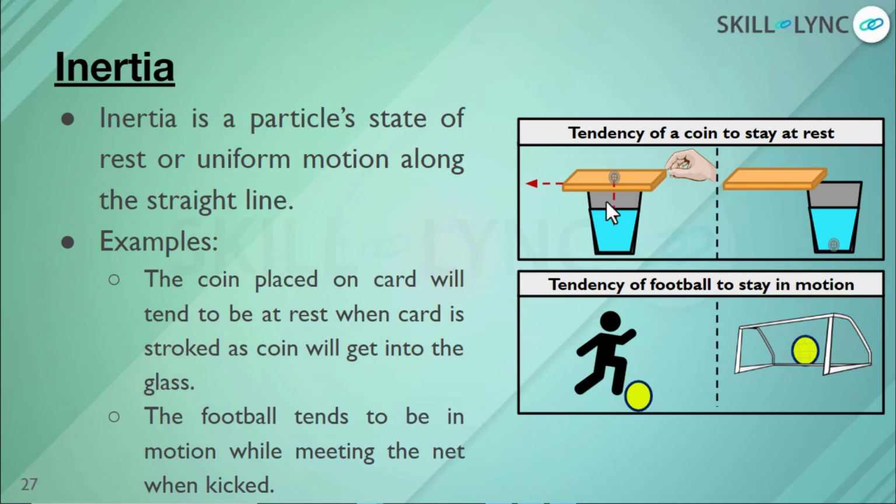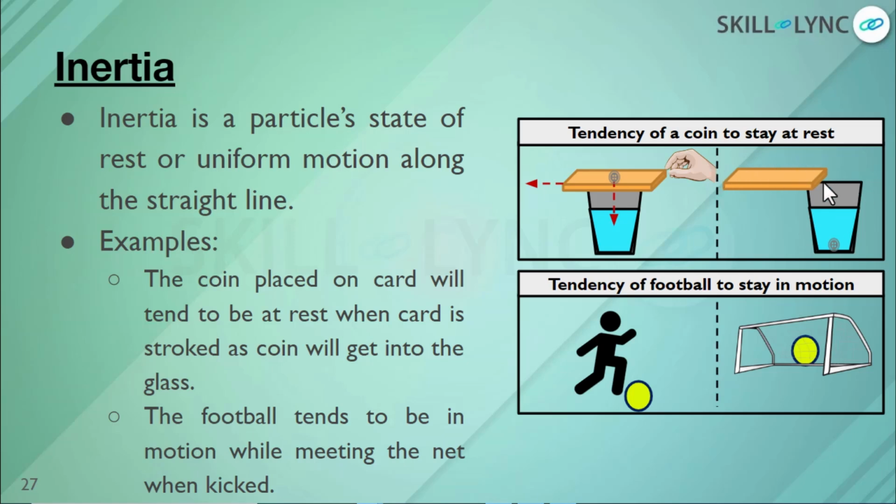Suppose there is a glass filled with water and a card is placed on the glass to cover it. Also, a coin is placed on the card. Thus, as we stroke the card from a direction such that the card moves away from the glass, we will see that the coin still goes inside the glass instead of moving with the card.